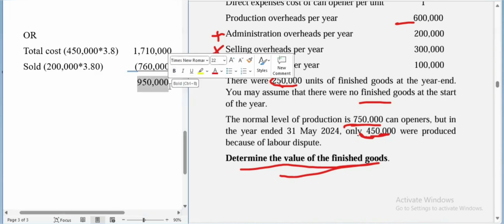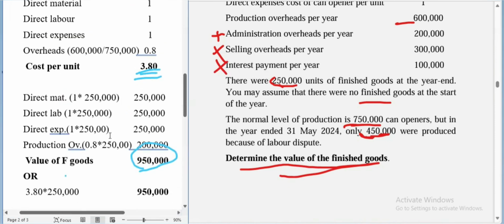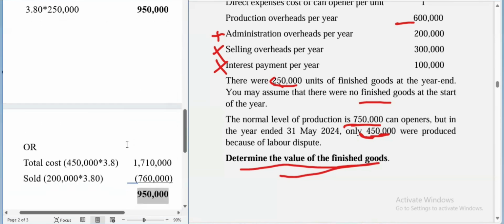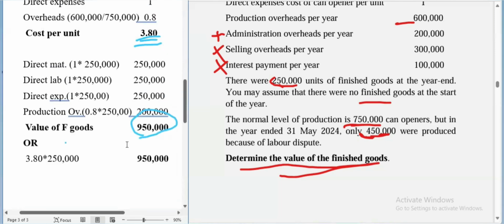And there's also another way of doing it. When you get to this place, you just use the one multiplied by the total, the 750. Then we are done. You less the cost of the 200 cedis that was sold. So this is how we get the value of the finished goods, the value of the closing inventory.